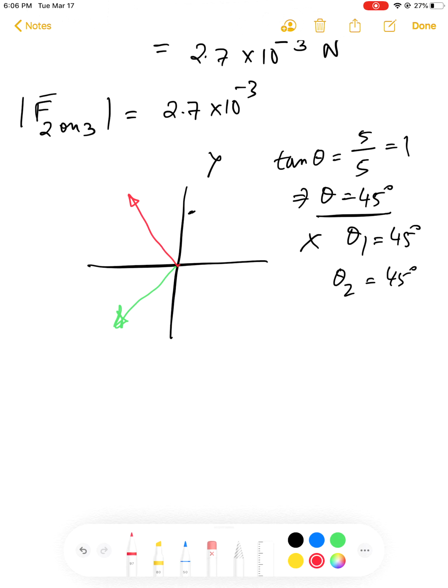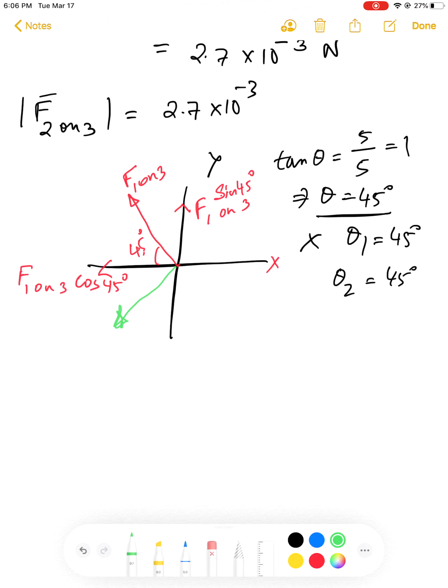Okay, so now we have to know the components, right? We know that now this is 45 degrees. That means if this is your F1 on 3, then you have y component as F1 on 3 times sine of 45, right? And then you also have an x component, this is our x-axis, component as F1 on 3 cosine 45.